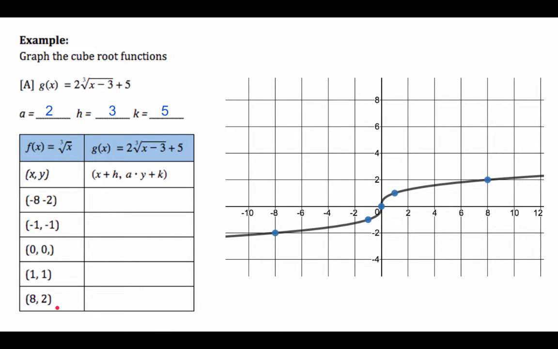The formula that we're going to be using to do the conversion, without having to go through it one at a time, is (x plus h, a times y plus k). Why is that? First of all, the shift of h, k is added to the x and y values. But before we could do that, we have a here, which is a vertical stretch.